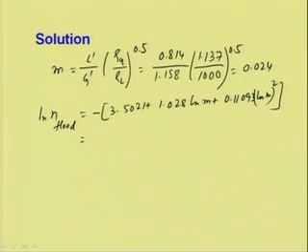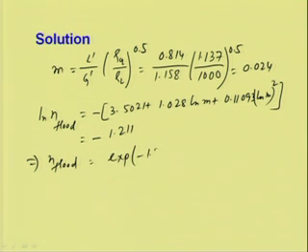If we put the value of M, this will be minus 1.211. So, F flat from this will be exponential of minus 1.211, which is equal to 0.298.